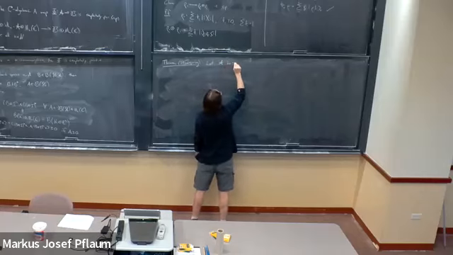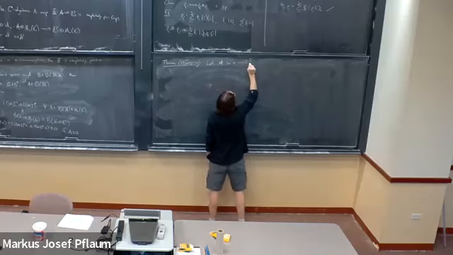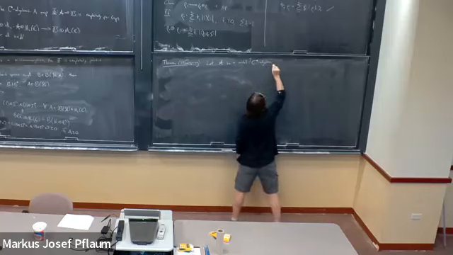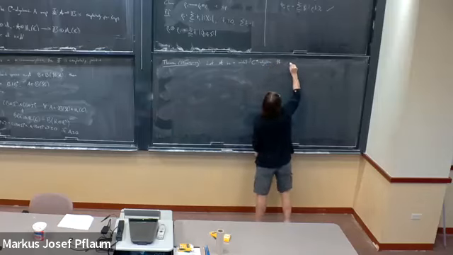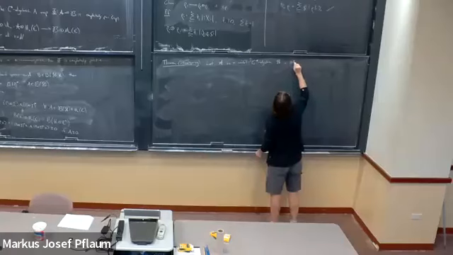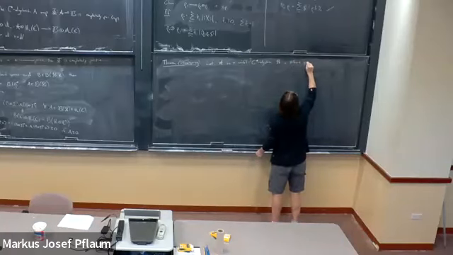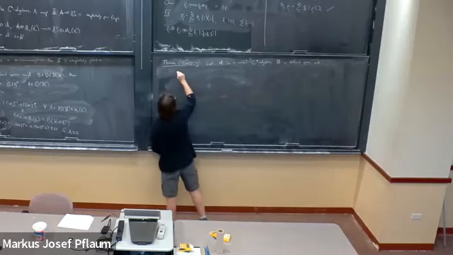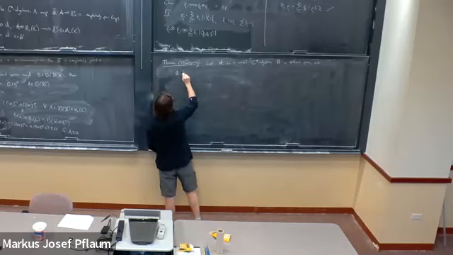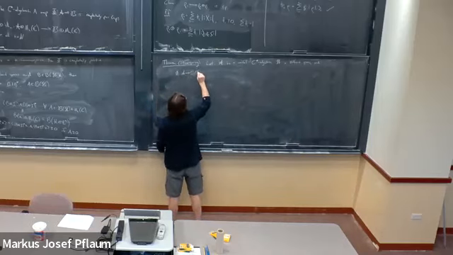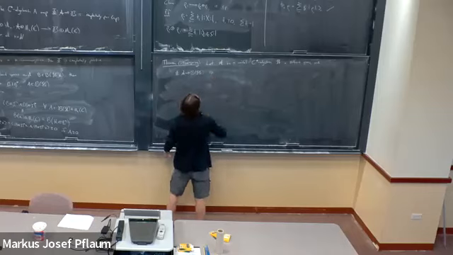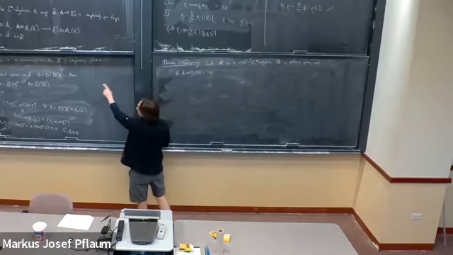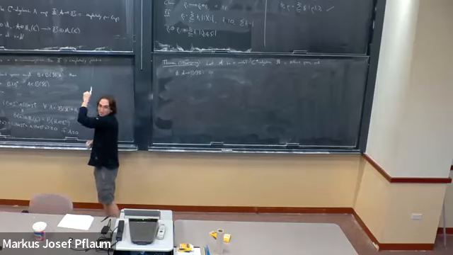Let A be a unital C-star algebra, H a Hilbert space, and phi from A to B of H. Stinespring's theorem tells us that we can decompose this into the two types of completely positive maps that we know and love.